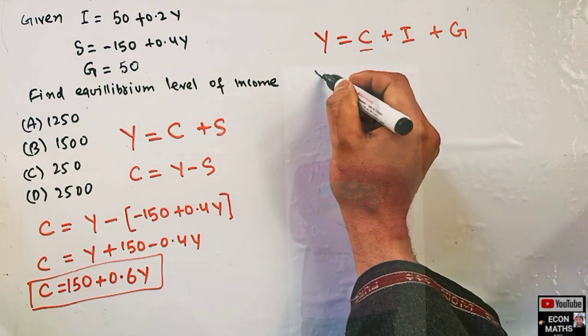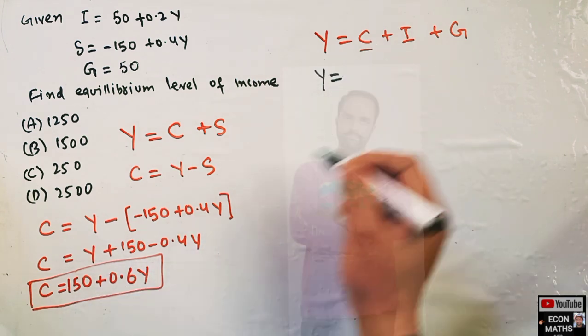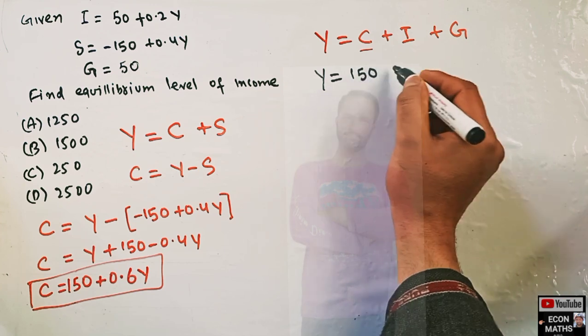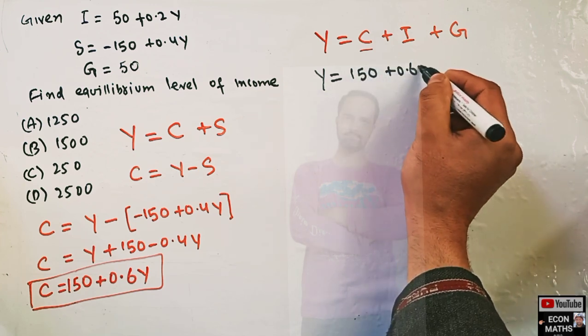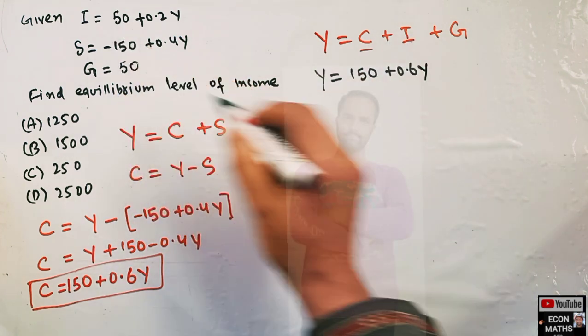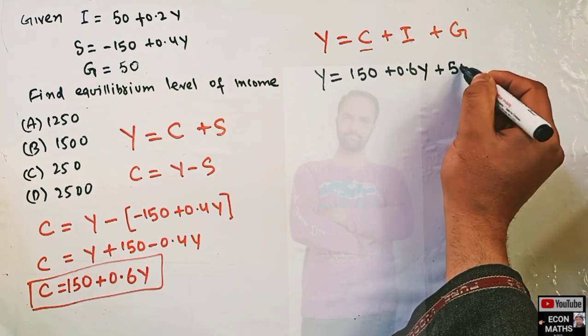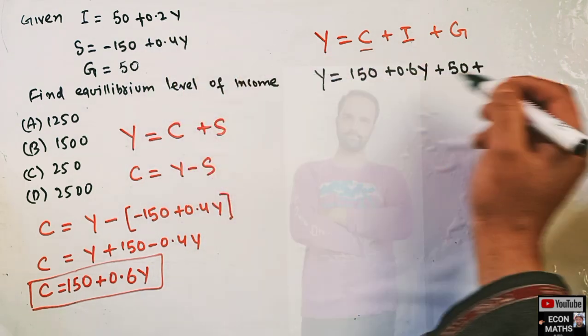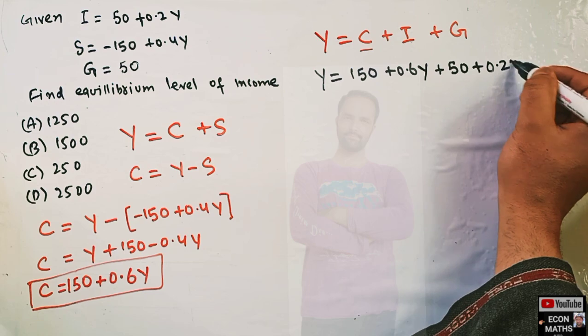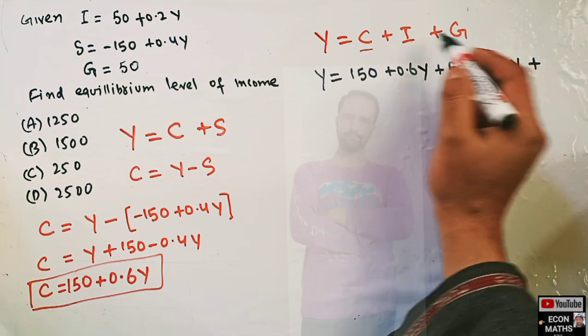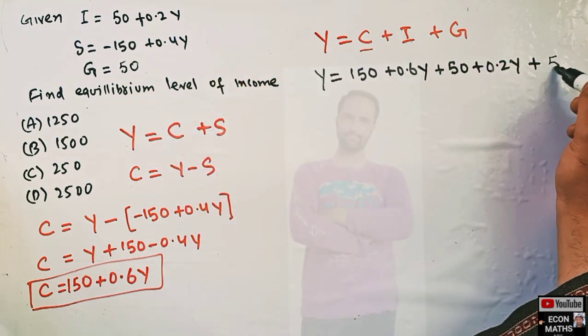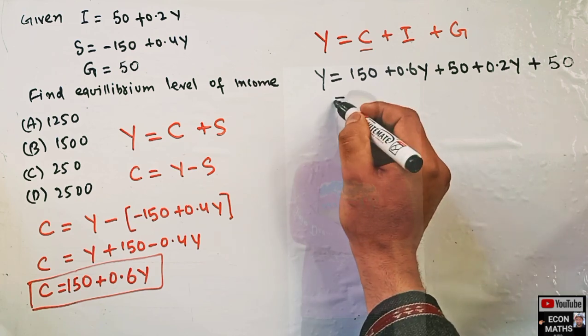So our y is equal to the consumption function, 150 + 0.6y, plus our investment function, which is given as 50 + 0.2y, plus government expenditure, which is given here as 50. Let us solve this.